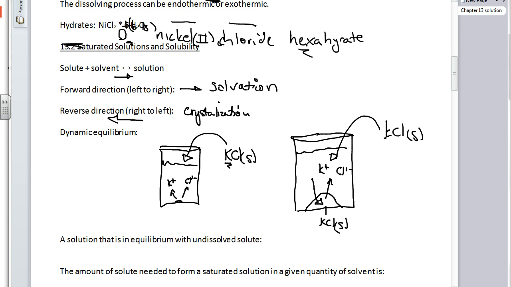And once this occurs, we have the same rate: how fast ions are being formed and how fast ions are coming back together to form a solid. If we have the same rate of the forward and the reverse reaction, we have an equilibrium occurring.